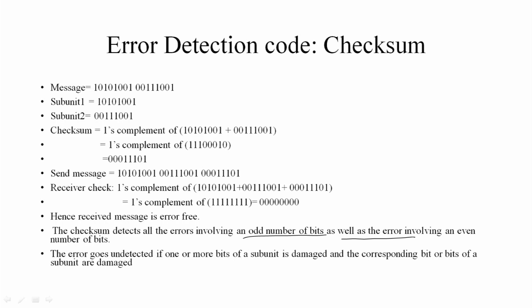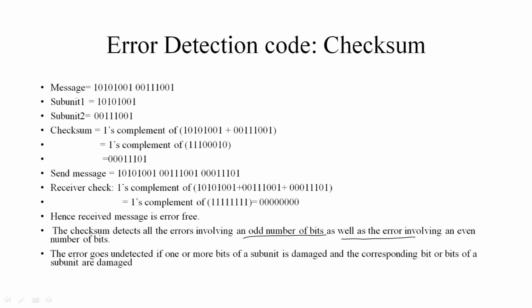Simply, the sender computes the checksum by some method, and then the receiver again computes the checksum by the same method, taking its ones complement. If this is equal to 0, the message is error free. Otherwise, if it is not 0, there is an error.